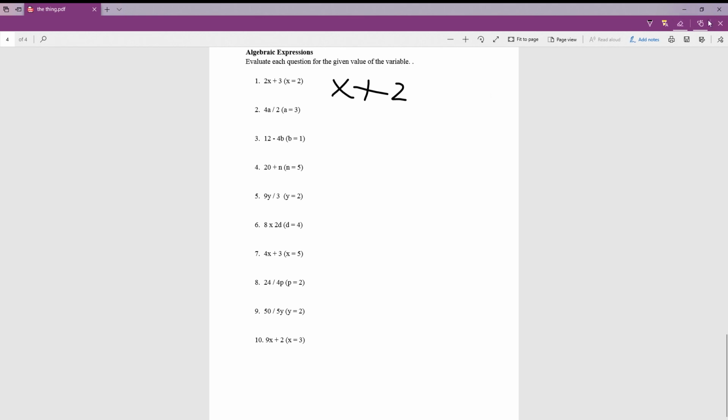If I have x plus 2, and I were to tell you that x is equal to 3, you would substitute the x for 3. So you would change the expression to 3 plus 2, and you know that that's going to equal 5. It's pretty simple. You shouldn't have any difficulty with this one.